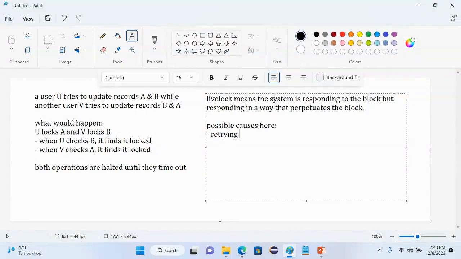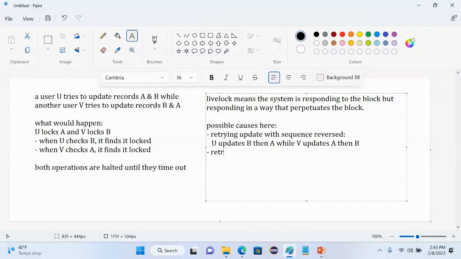Now, livelock could happen from something like these possible causes. Number one, retrying a query or update with the sequence reversed. For example, U updates B then A while V updates A then B. You're going to have the exact same problem, just reversed, because both operations are still going to find the second record locked.